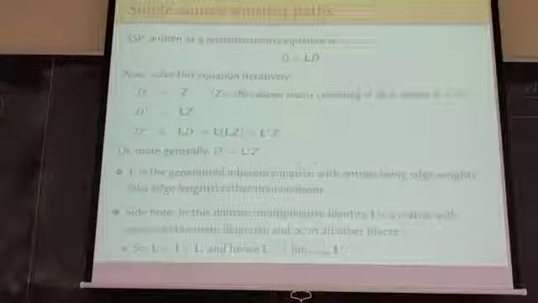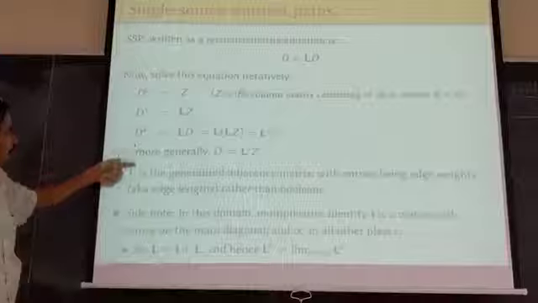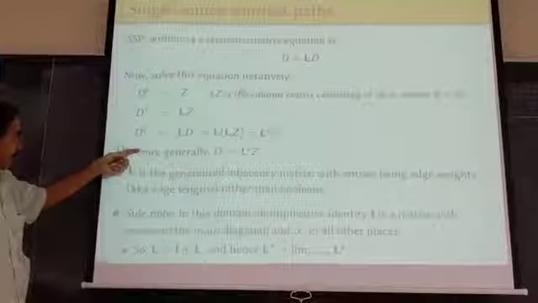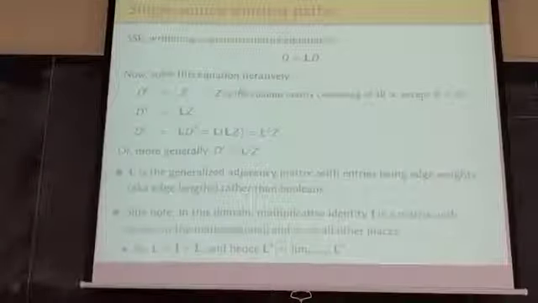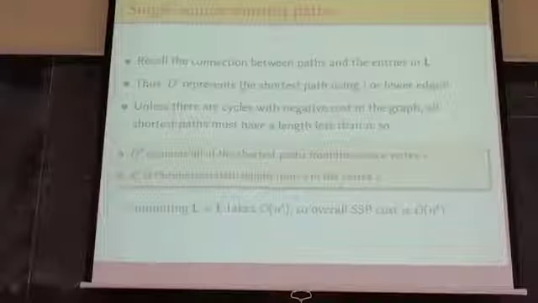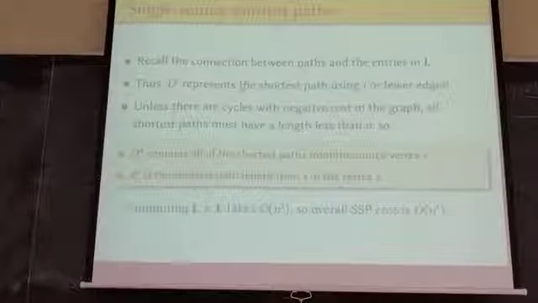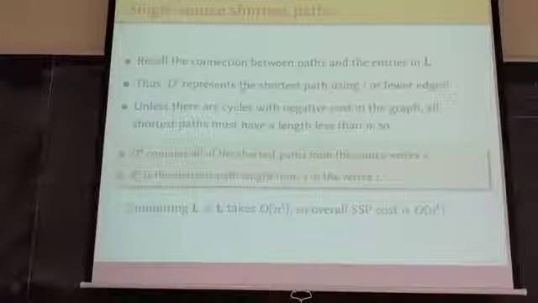You can keep doing this until you get to the nth approximation of d. At that point, you should have computed the shortest path from S to every vertex. This is a simple iterative procedure where we use a standard way of solving matrix equations by using successive approximations.